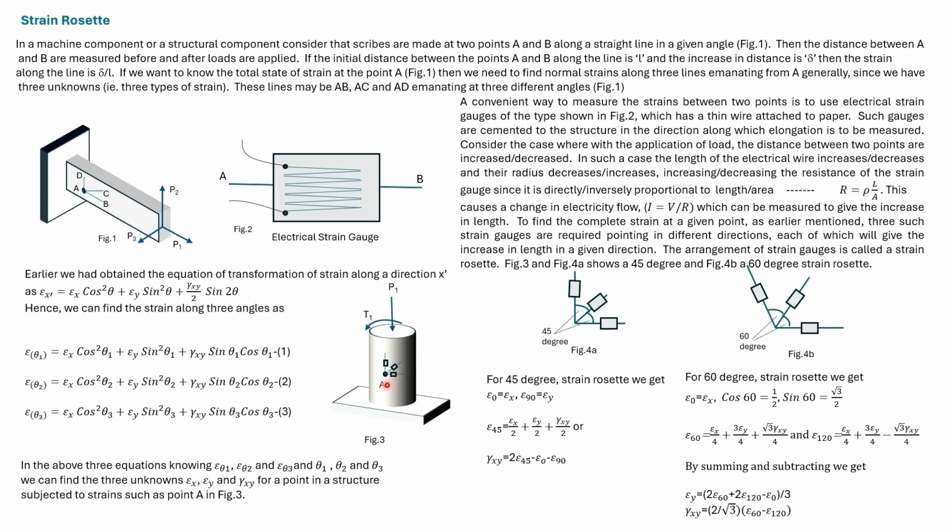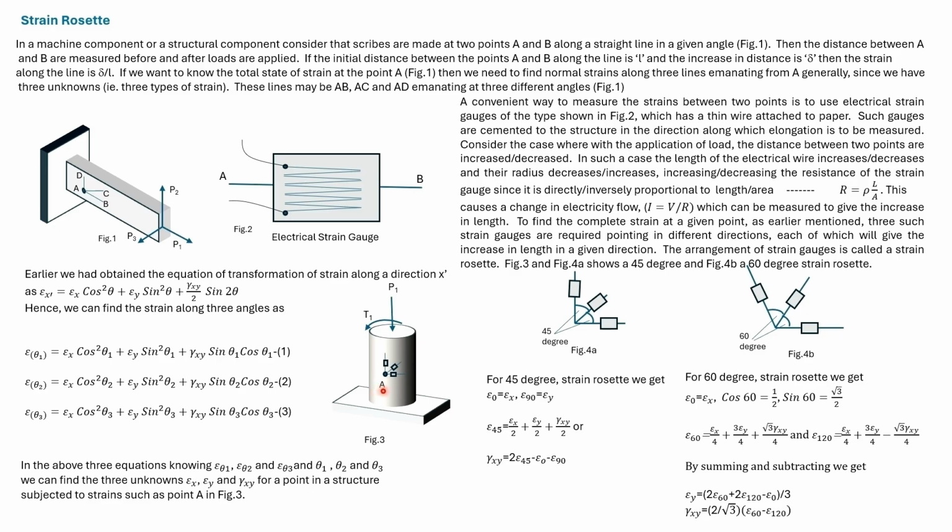The strains measured for the three different cases can be given as epsilon theta 1, epsilon theta 2, and epsilon theta 3. In these three equations, the epsilon is known and the theta 1, theta 2, and theta 3 are known. There are three unknowns, epsilon x, epsilon y, and gamma xy, which can be found out.